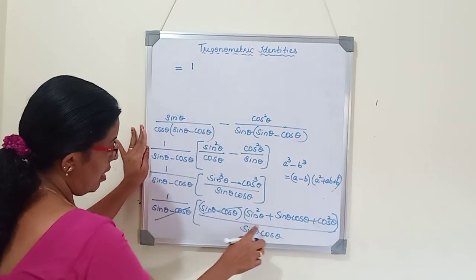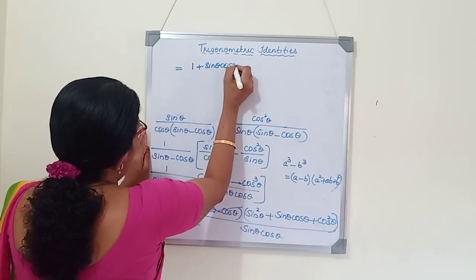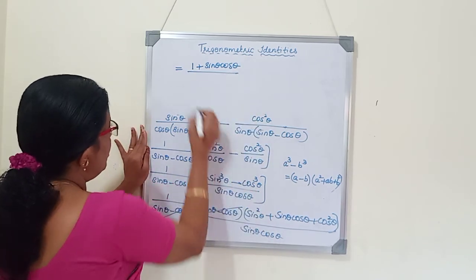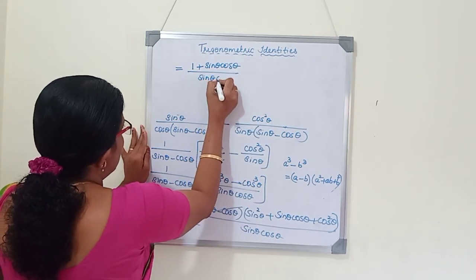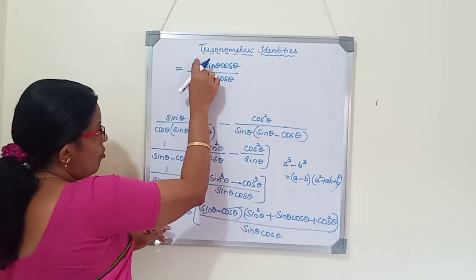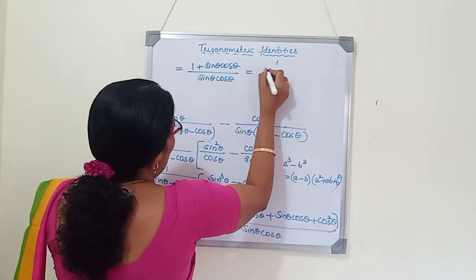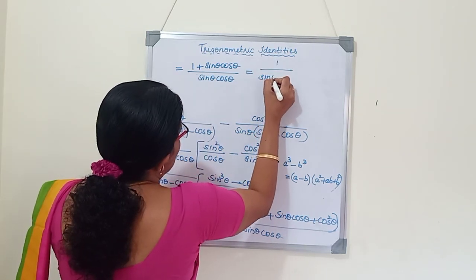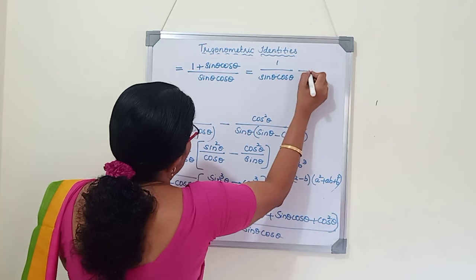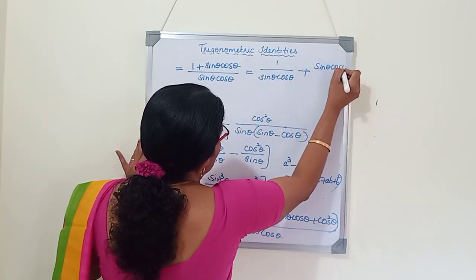So 1 plus sin theta cos theta divided by the denominator sin theta cos theta. Now we have one denominator and two terms in the numerator, so we separate the numerator: that is 1 by sin theta cos theta, separately plus sin theta cos theta by sin theta cos theta.